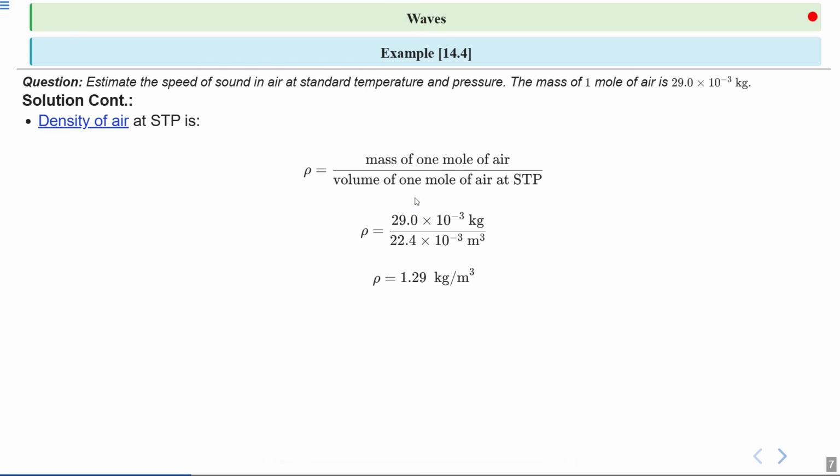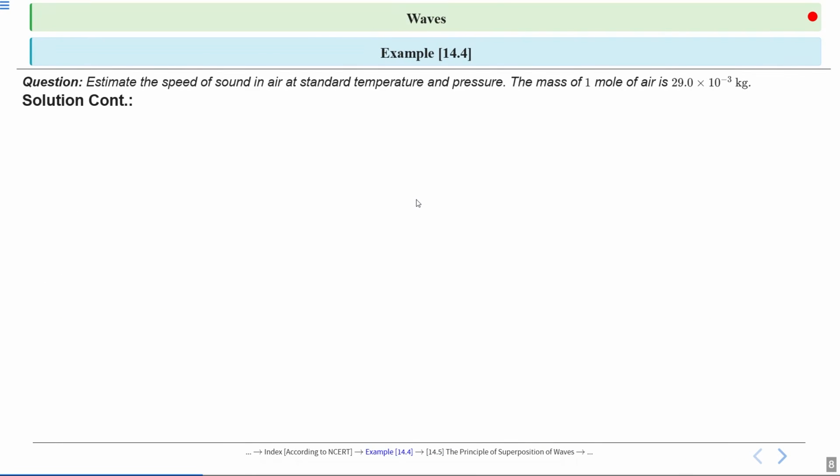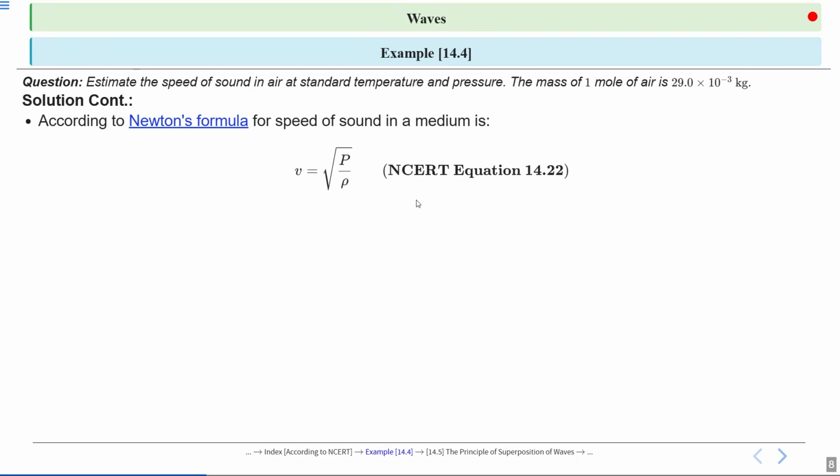Alright, now let's recall Newton's formula for the speed of sound in a medium.